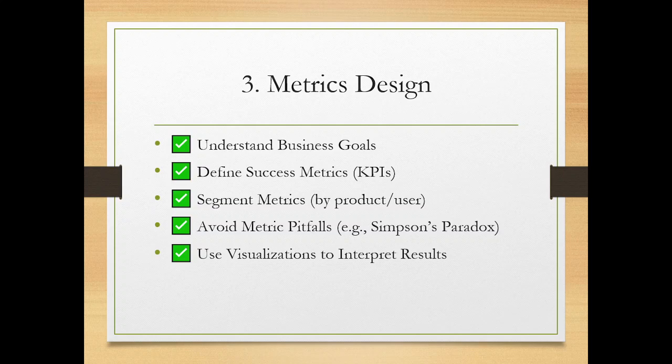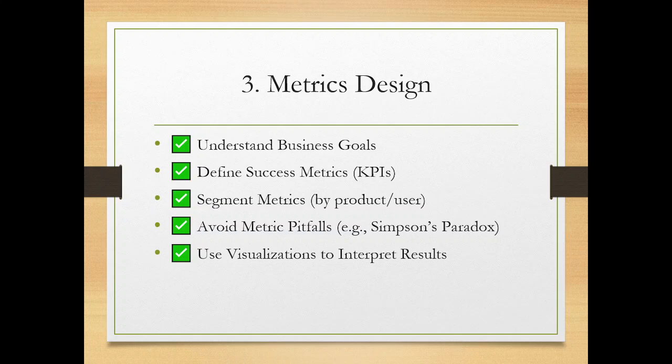Simpson's paradox is used in statistics where one trend appears in some group of data, but then in another group, or sometimes when the groups are combined, that entire trend reverses.